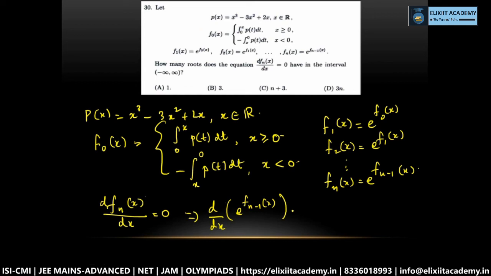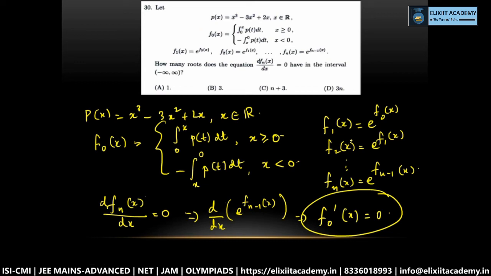And if you keep on differentiating this, ultimately what you will get is f0 prime x is equal to 0 only. You will get back the main function, f0.